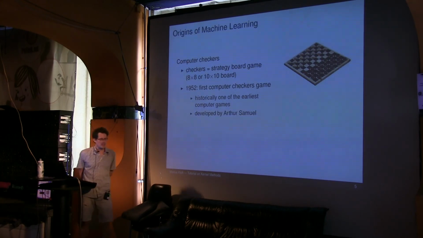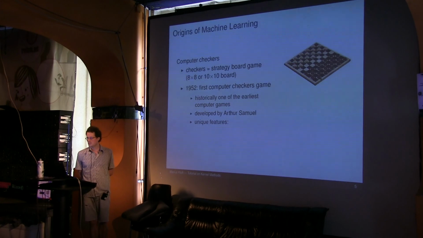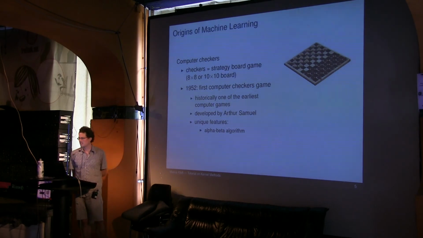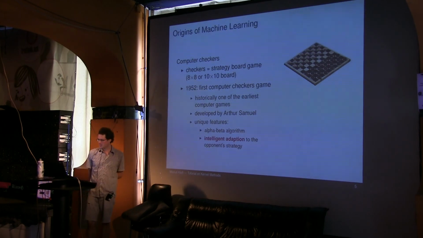And this was developed by the famous computer scientist Arthur Samuel of Stanford University. And some of the unique features were, so first of all, the alpha-beta algorithm, which is now in every computer science textbook. At that time, it was a seminal breakthrough. And the other thing is the intelligent adaptation to the opponent's strategy.